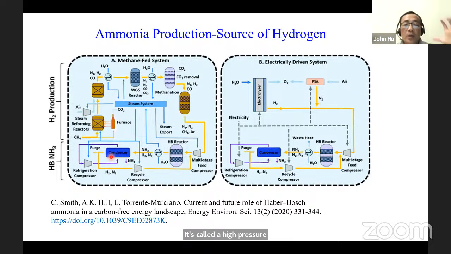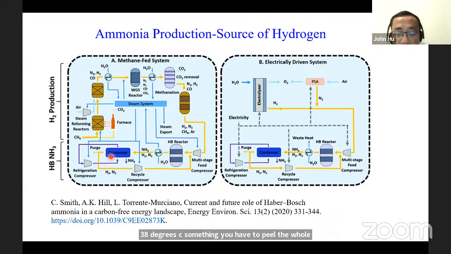What does it mean? You have to compress this gas, hydrogen, nitrogen, and ammonia, then chill it to, I forgot, I think it's minus 30 degrees C something. You have to chill the whole thing. It's called chilled ammonia.